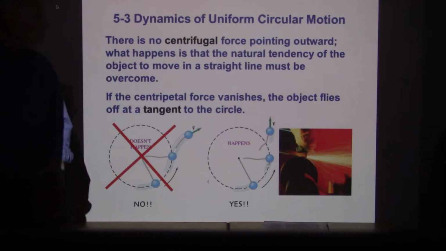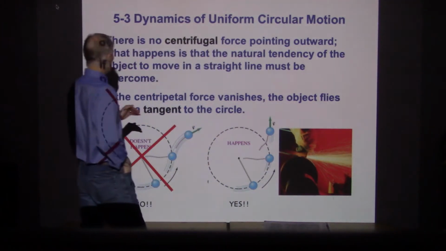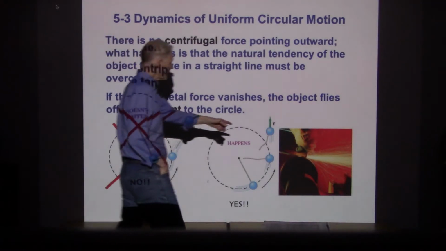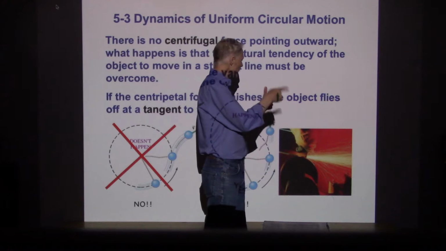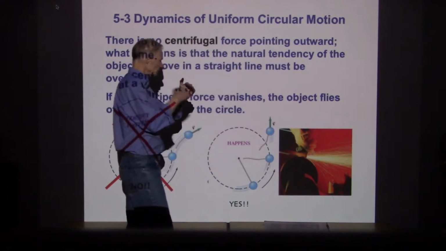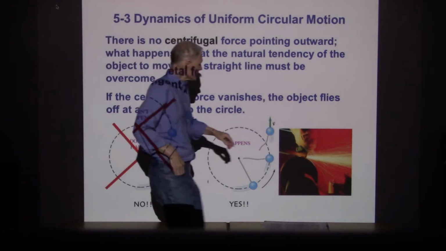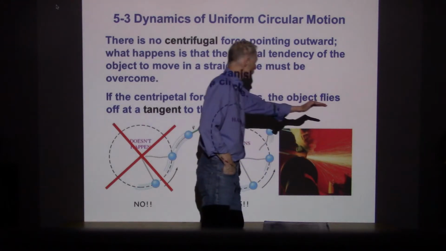Okay, so here is a nice picture where we've got this metal piece spinning around. We're taking another metal piece and sanding off part of it, and the sparks are flying straight out. Once a piece of metal breaks free, it continues.